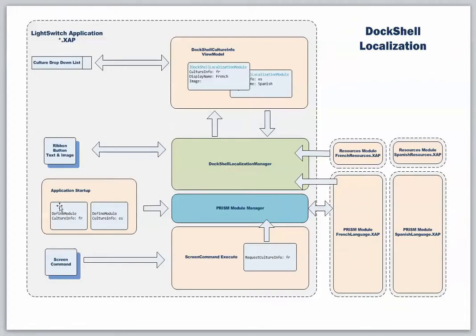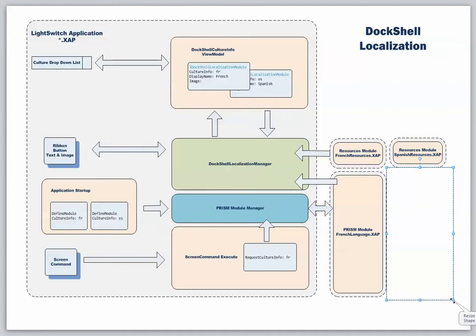So we're defining with this Prism Manager in the module catalog the instructions on how and when to actually load this module. And again, in our diagram, we don't have this one, so I'll just do this so it's not so confusing. Ideally you would have two, but we just don't.